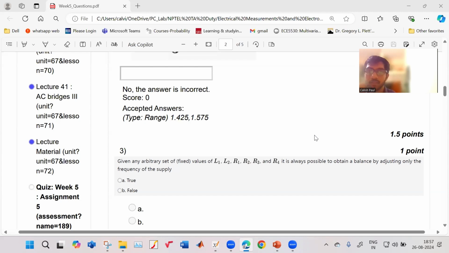So the question says that given any arbitrary set of fixed values, L1 is some value, L2 is some value, R1, R2, R3 and R4 also have some values. Now they are asking, is it possible to obtain a balance?